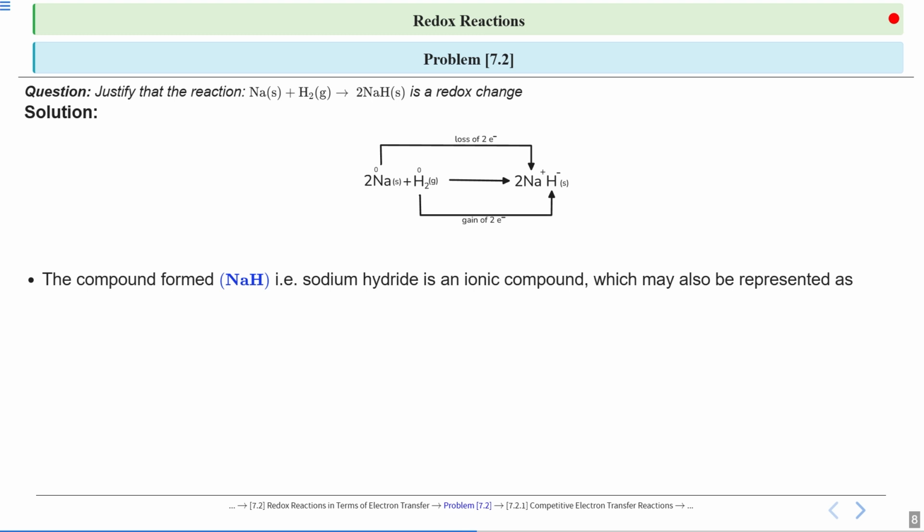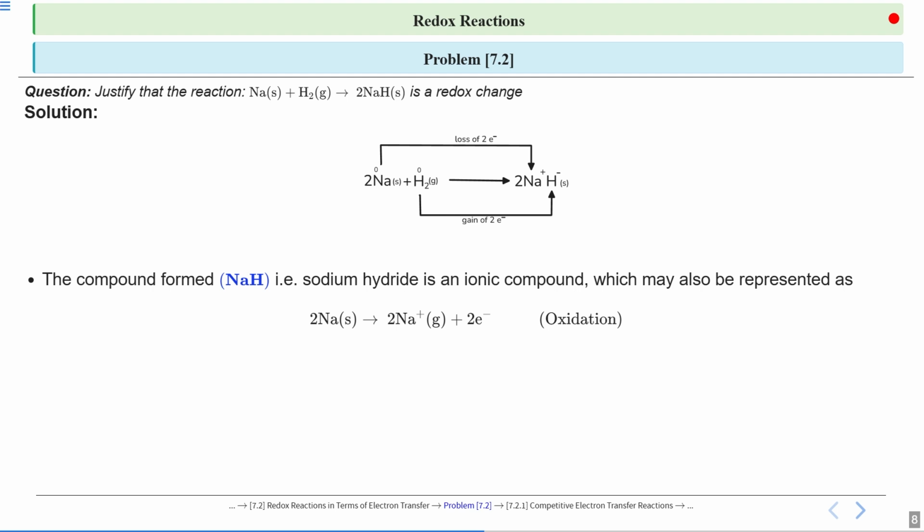While if we look at the compound formed, that is sodium hydride, NaH, this sodium hydride has a positive and negative charge over it. That means a positive charge over sodium and a negative charge over hydrogen, which makes it an ionic compound. So this can also be represented as 2Na gives 2Na positive plus 2 electrons. That means there is a loss of 2 electrons, and this loss of electrons is considered an oxidation process.